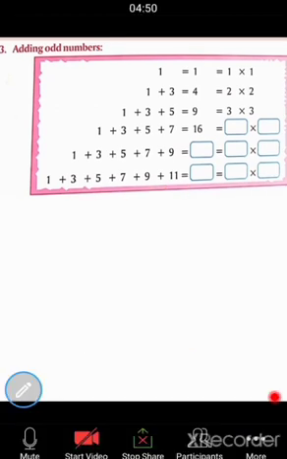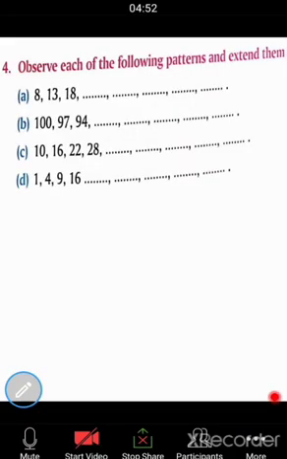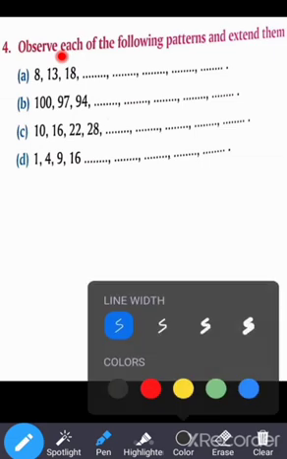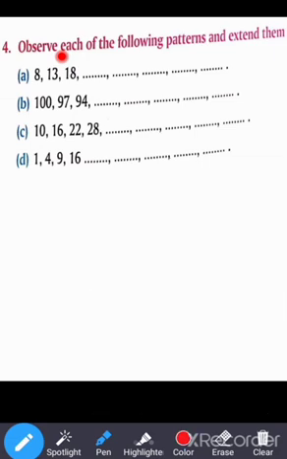Okay, now see the next pattern of numbers. See the first pattern: 8, 13 and 18. Students, whenever we are solving a number pattern, generally the pattern involves 4 operations: plus, minus, into, division.